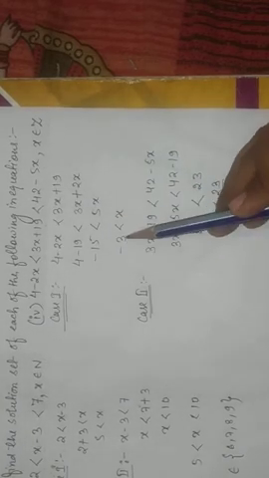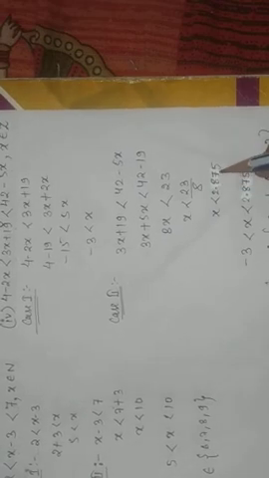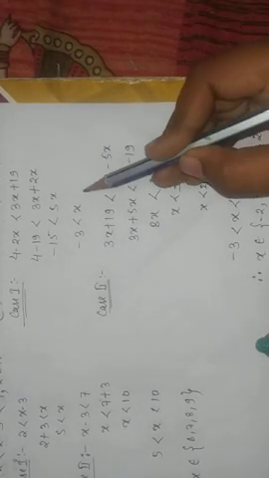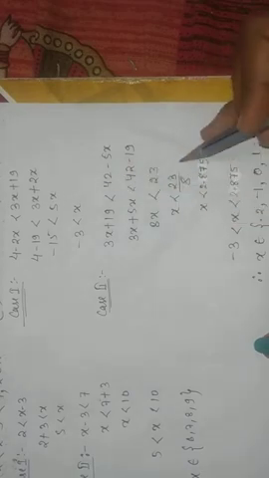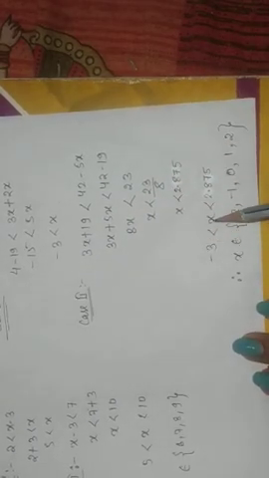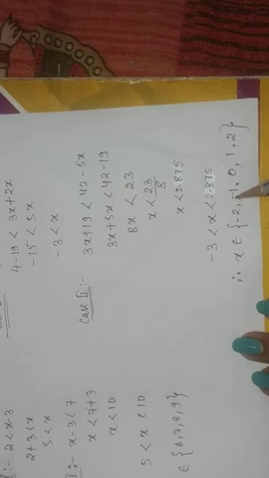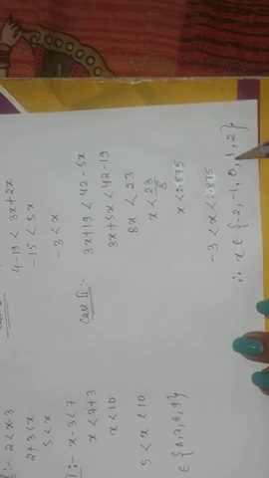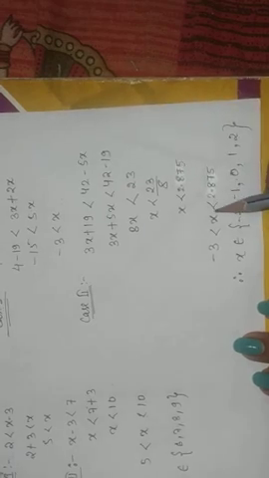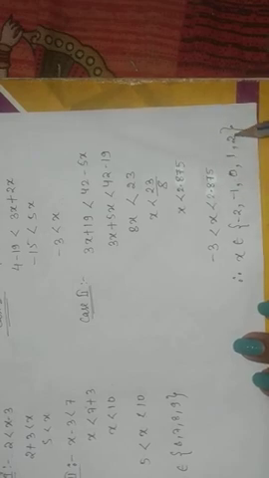First, -3 < x and then x < 2.875. If you just combine these two, you will get this one. So x is greater than -3. What are the numbers which are greater than -3? -2, -1, 0, 1, 2. And x < 2.875. That means up to 2 it will go.